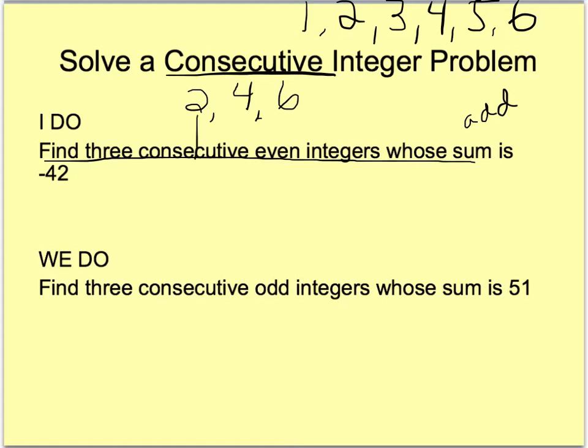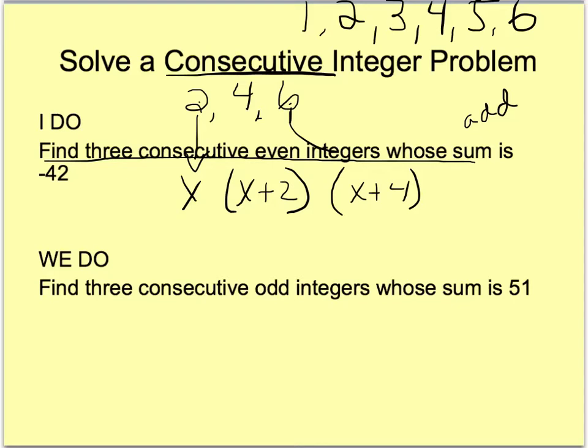So the first number I'm going to call x, okay? So the next number would be x plus 2, because it's 2 larger than the first one. Then the one after that here would be x plus 4, because this is actually 4 larger than the very first one.